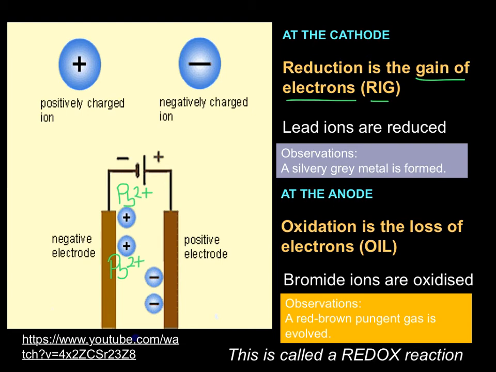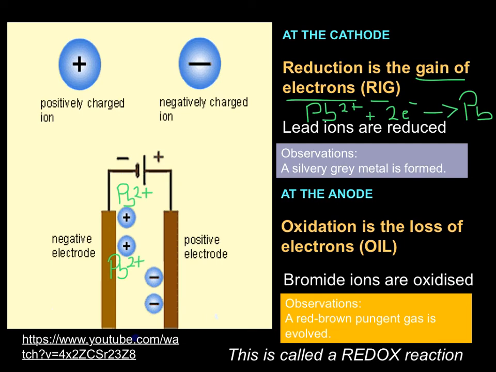I'm going to write the half equation on my screen in green, and we're really just showing how these electrons are being gained. So our Pb2+ ion gains 2 electrons, it is reduced, and in doing so, it forms an atom of solid lead metal.